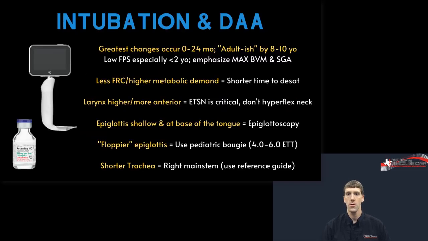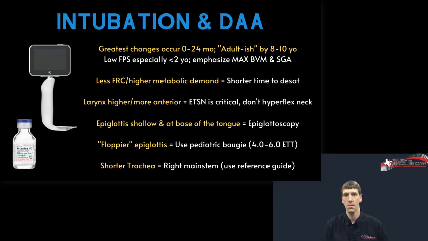I want to go over a few tips and differences when we're intubating children. First, the greatest changes are in that 0 to 24 month range. Children become about adultish by about 8 to 10. So in your less than 2-year-olds, this is going to be, by research base, the lowest first pass success. So I really emphasize using max BVM and your supraglottics in this range, because this is where we're going to have the most difficulty establishing an airway.